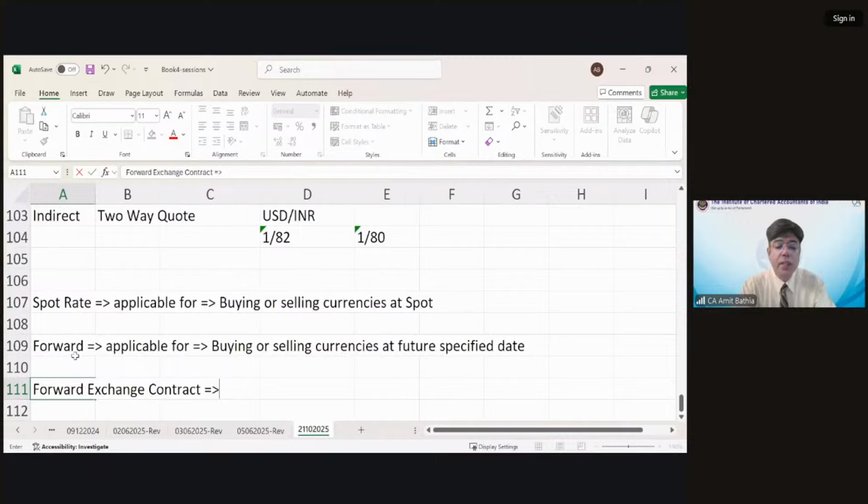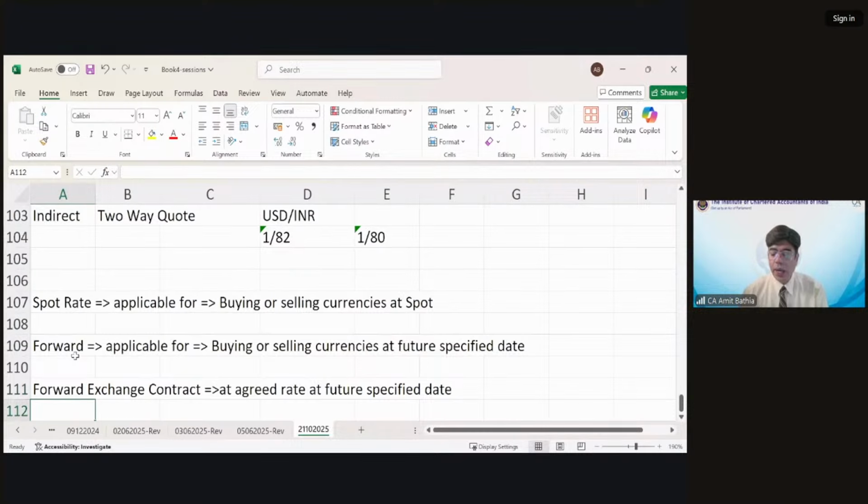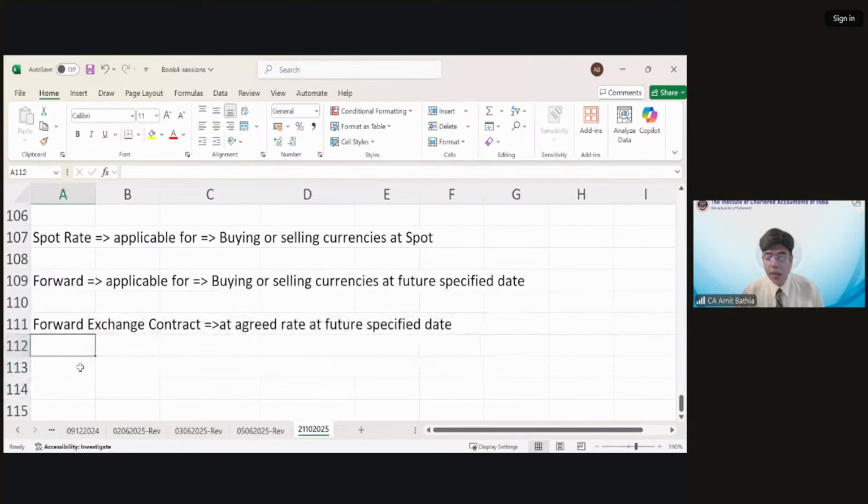What that does is it tells me that I'm going to buy a certain currency in future at an agreed rate, at a future specified date. But this particular rate is agreed today, and that is the reason it is called a forward exchange contract. It is an opportunity to hedge your foreign exchange risk.